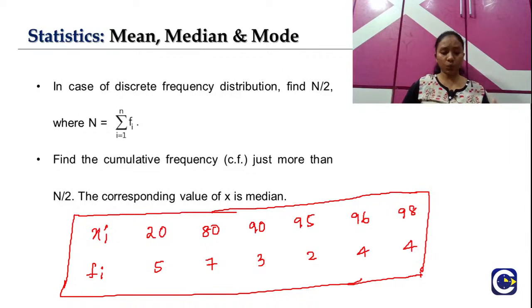And if you have any queries while determining this cumulative frequency and all, please let me know.